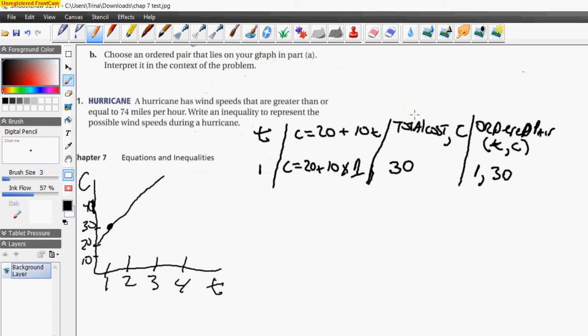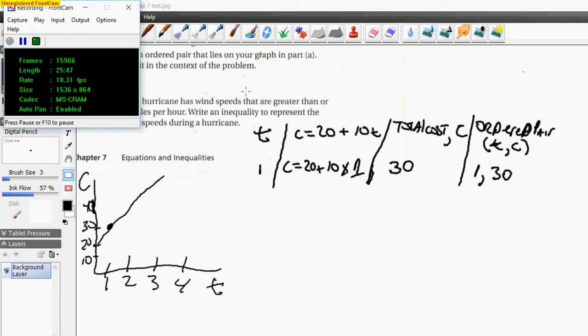The ordered pair is (1, 30). The T represents the one t-shirt, and the total cost represents the 30. You see it right here on the actual graph. All right, good job. Excellent job, you all.